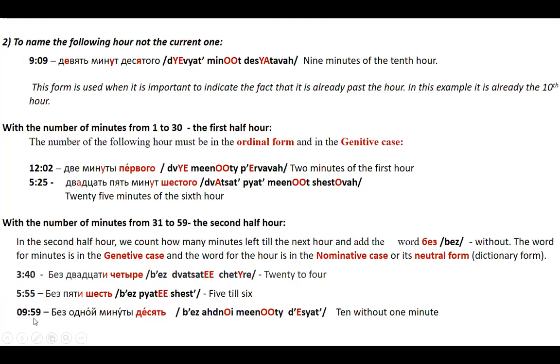Без 1 минуты 10. Literally, it will be without 1 minute to 10. And proper translation would be 10 without 1 minute, right? 10 till, or 10 to, 1 to 10, literally. 1 minute until 10 o'clock.